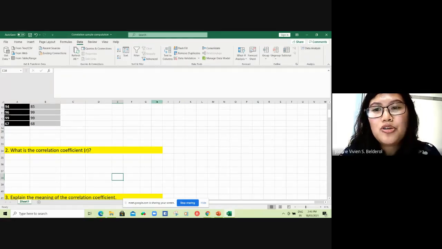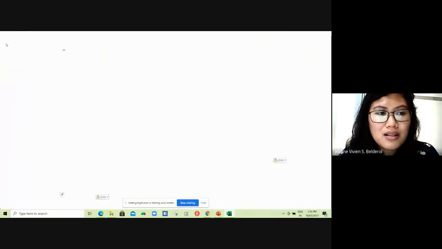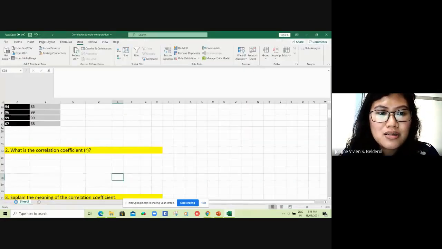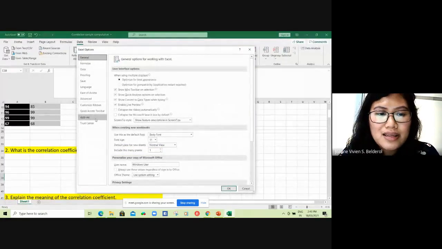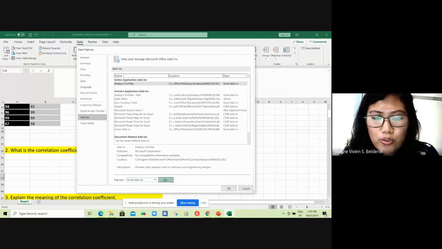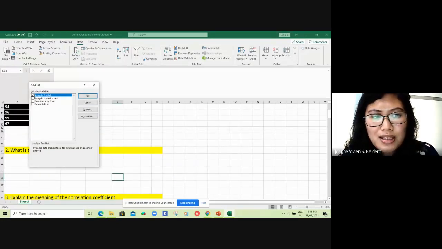Now sometimes when you open Excel, you may not have Data Analysis yet. So if, when you click on Data, there is no Data Analysis, what you do is you go to File, then Options, then Add-ins, and then down below, Excel Add-ins, Go, and make sure that Analysis ToolPak is checked. And then you click OK.